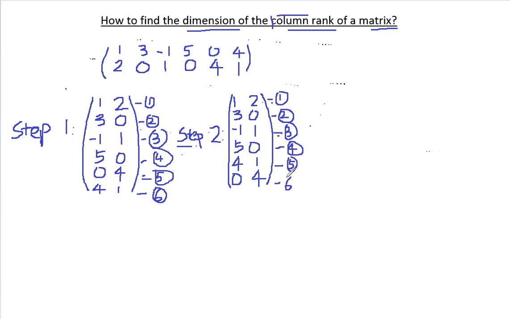Now you want to eliminate the entries below 1 in the first column.